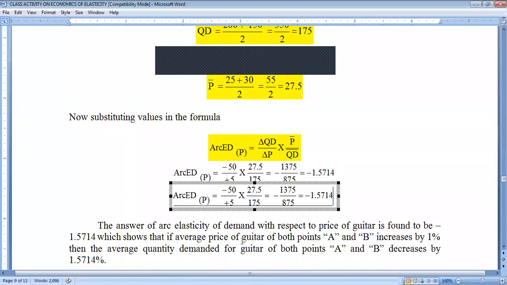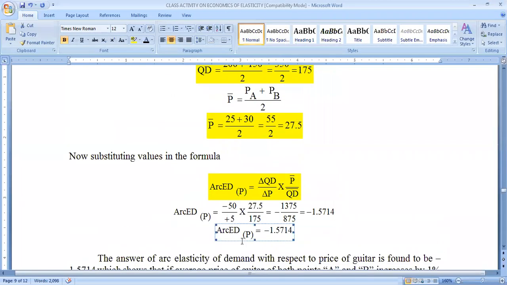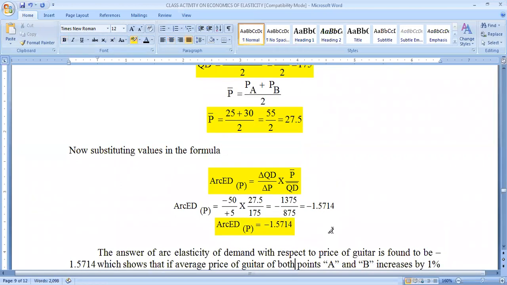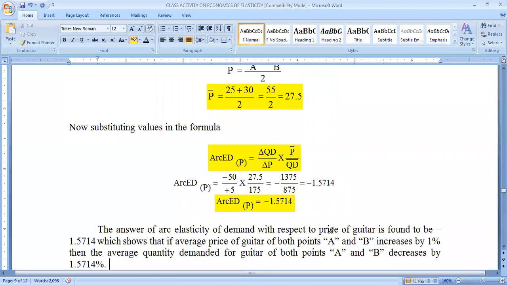So the answer for arc elasticity of demand with respect to price is found to be minus 1.5714. Got my point? So what does minus 1.5714 depict?